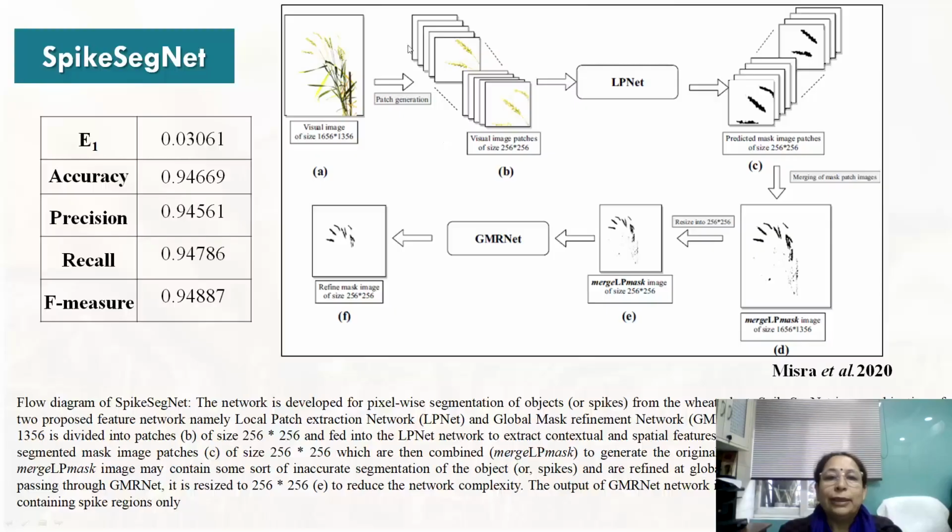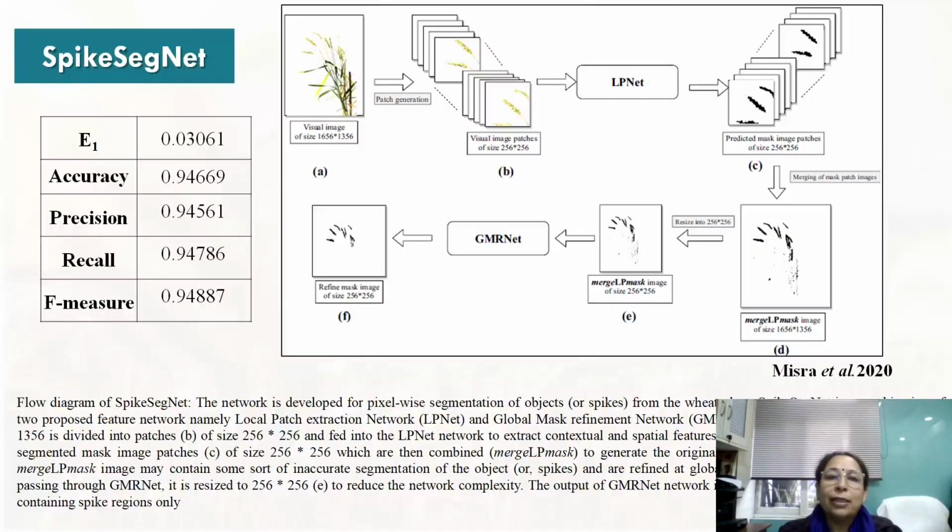In this model, we have considered RGB images of the size 1656 by 1356. You can see this is a very big size as far as image processing is concerned. For this image, our aim is to identify the spikes.